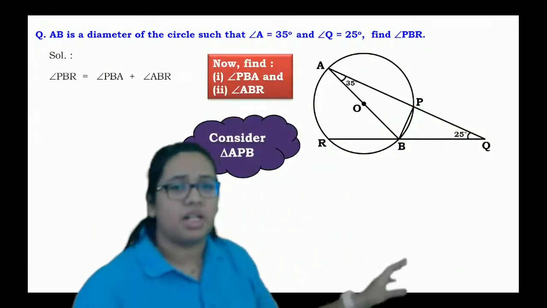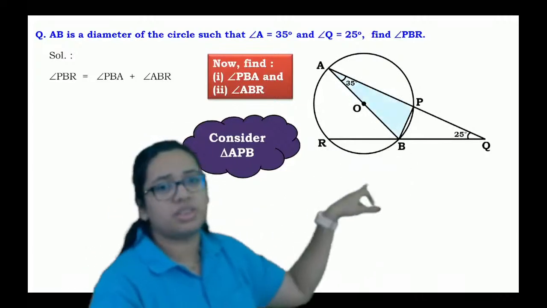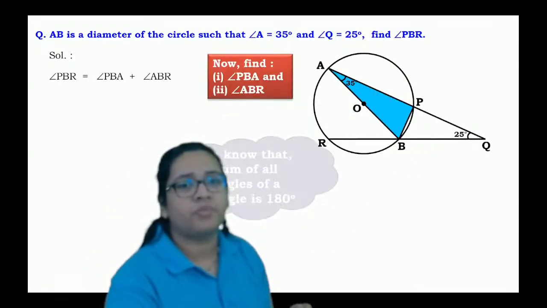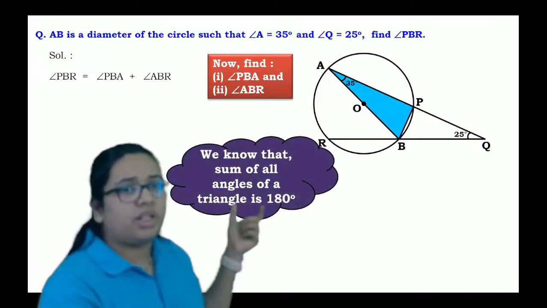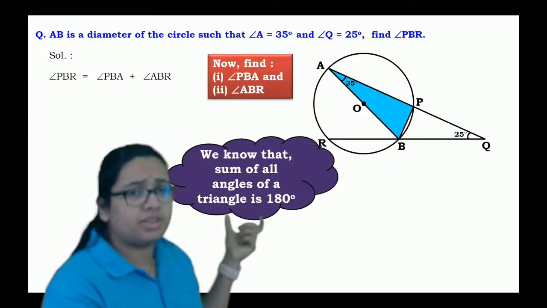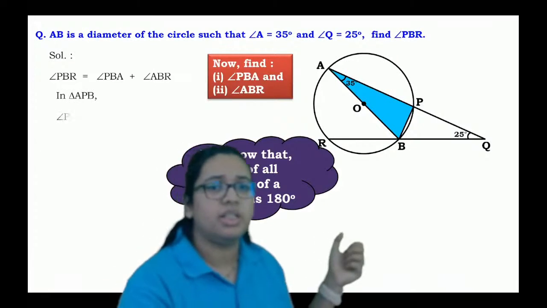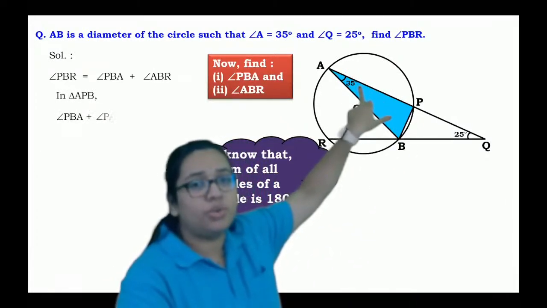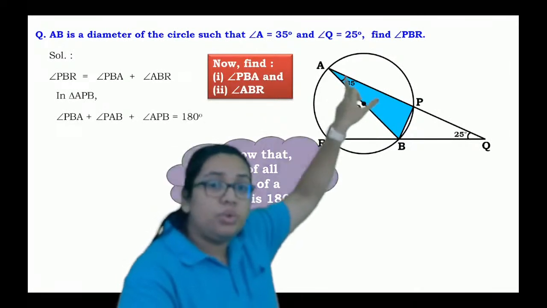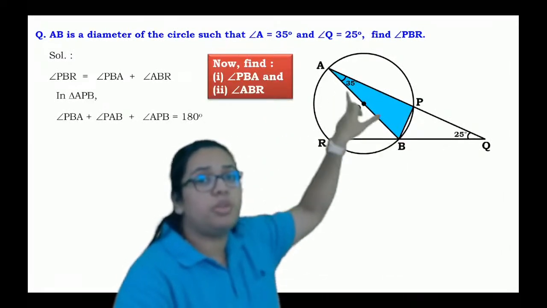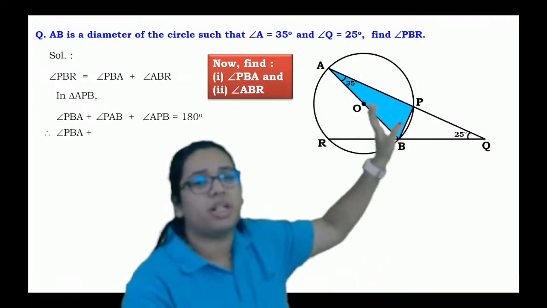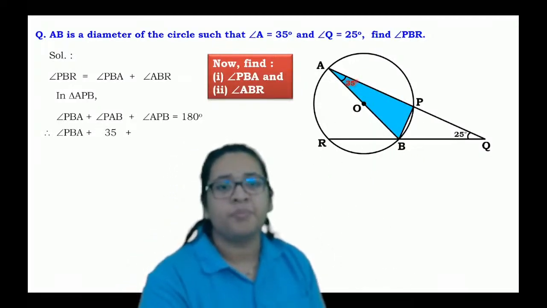Now, second case: if you focus on this triangle APB, we know that the sum of all angles of a triangle is 180. In this triangle, they have given the value of angle A. You can find the measure of angle APB as it is subtended in a semicircle.